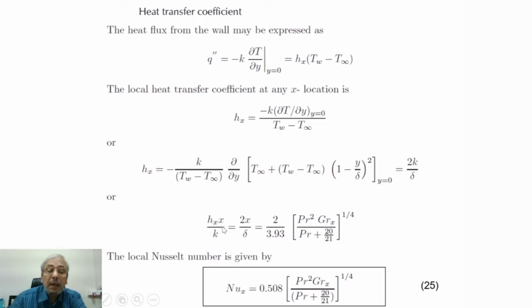So Nusselt number at any x from the leading edge is given by 0.508 into, within the bracket, Prandtl number squared into Grashof number divided by Prandtl number plus 20 by 21, entire quantity raised to the power 1 by 4. This is the expression for Nusselt number at any x from the leading edge.